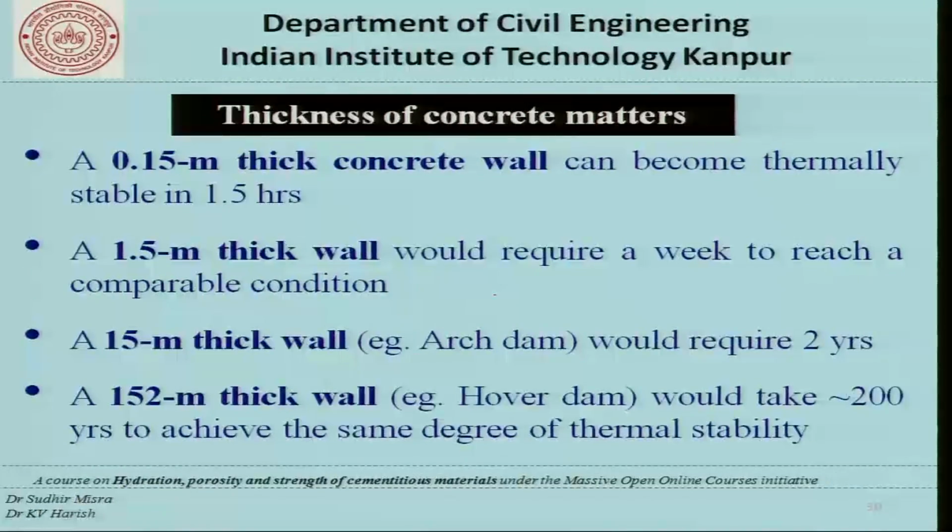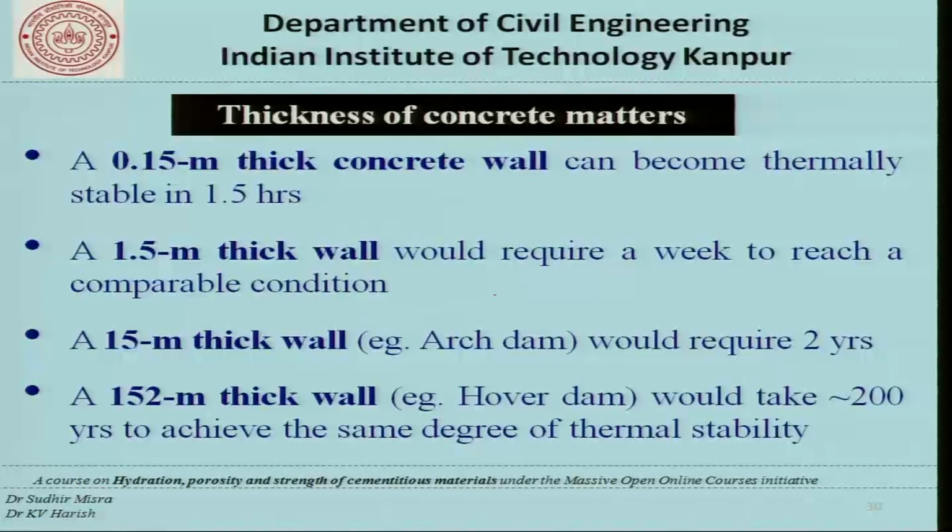This is another text. Here we are writing the same thing in a more illustrative form as text, where we say that a 0.15 meter, that is 150 millimeter thick concrete wall, can become thermally stable in 1.5 hours, whereas a 1.5 meter thick wall would require a week, and a 15 meter thick wall would require 2 years, and a 152 meter thick wall would take 200 years to achieve the same degree of thermal stability.